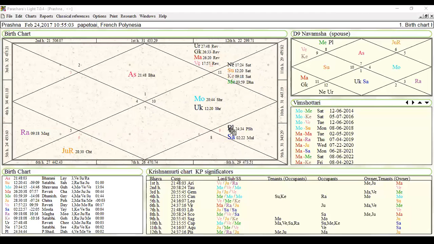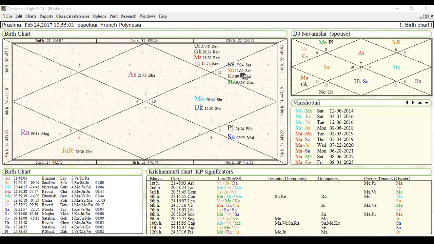So right now, Mars and Saturn are farther away from the planet Earth than Jupiter is, because they're close to the sun. When any planet is too close to the sun, it becomes combust. And that's when it's hardest to see that planet, and that planet's influence is the least it'll be in our chart, okay? That planet's influence is minimized in our chart, or it becomes troubled.